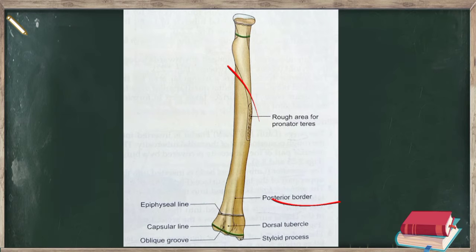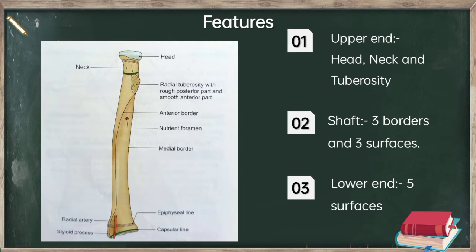Moving further to the medial or interosseous border. The medial border is the sharpest of all the three borders. It extends from the radial tuberosity above to the posterior margin of the ulnar notch below. The interosseous membrane is attached to its lower 3/4. In its lower part, it forms the posterior margin of the elongated triangular area.